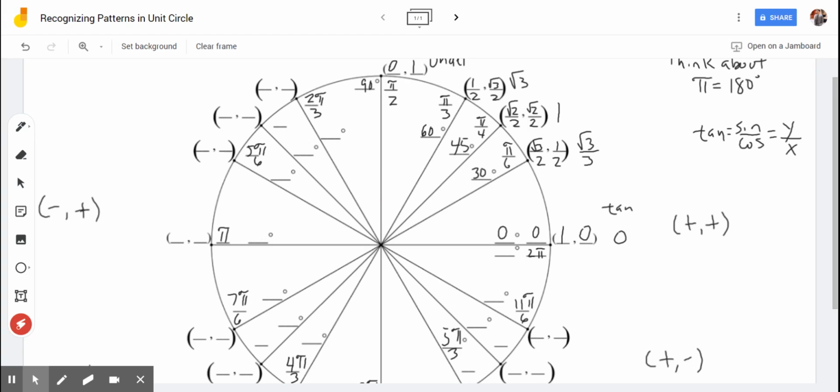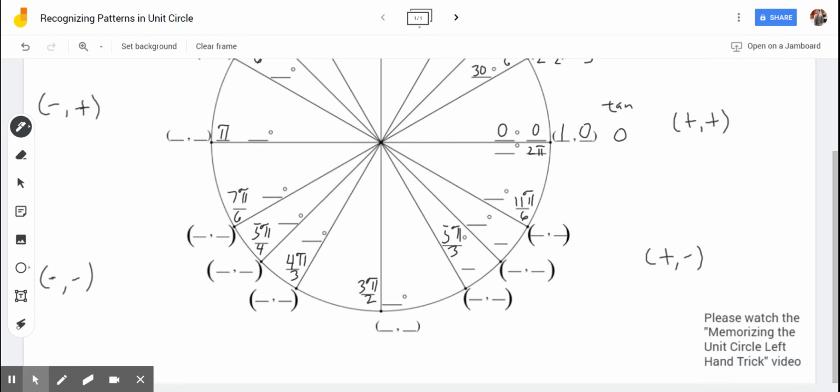Then we'll end up here, this third one in the middle, so it's going to be 3 pi over 4. 4 pi over 4 is here at pi. 5 pi over 4 is in the middle. And then 6 pi over 4 is 3 pi over 2. 7 pi over 4. And then 8 pi over 4 is at 2 pi.